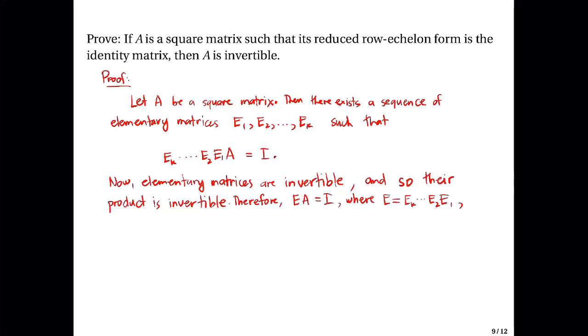This implies A is invertible. So we have proved the statement. So as you can see, 3 sentences, actually 4. Well, I added this first line here.